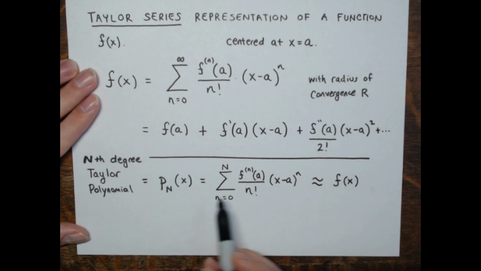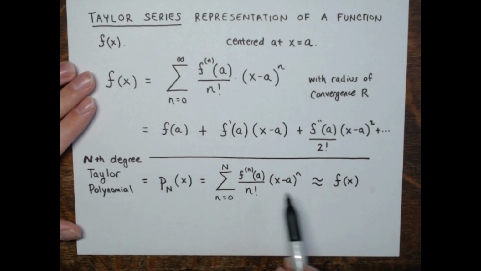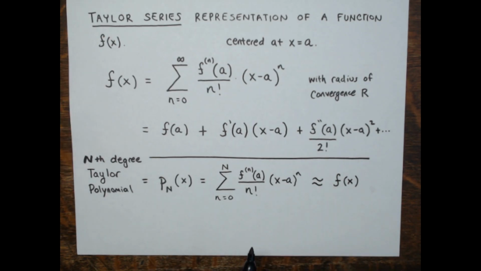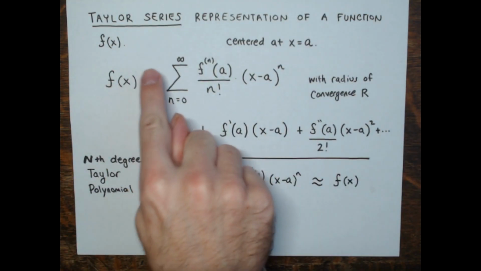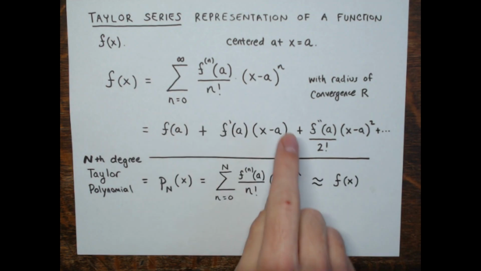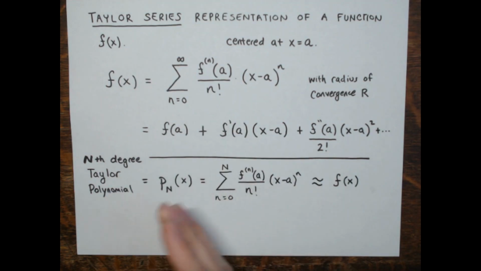All right, what we're going to use these Taylor polynomials for is to approximate the function f, the value of the function f at certain values of x. So these are all Taylor stuff: Taylor series, infinite series, Taylor polynomial up to just the nth power, capital Nth power.